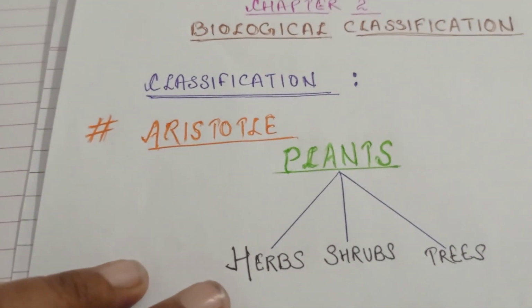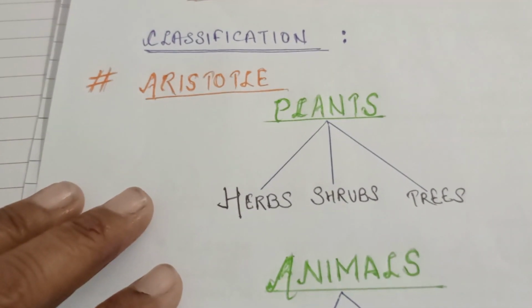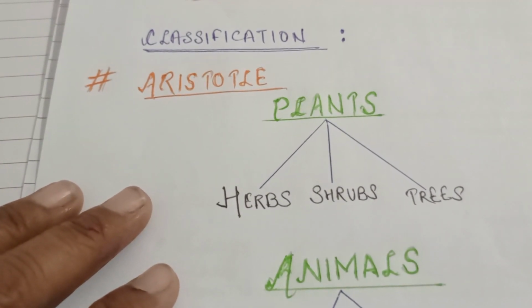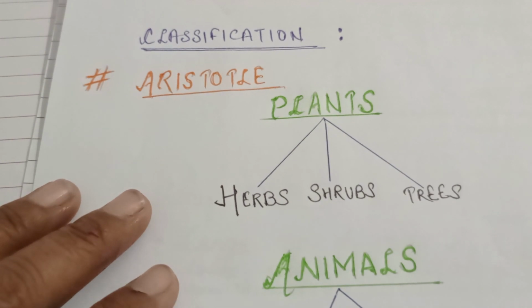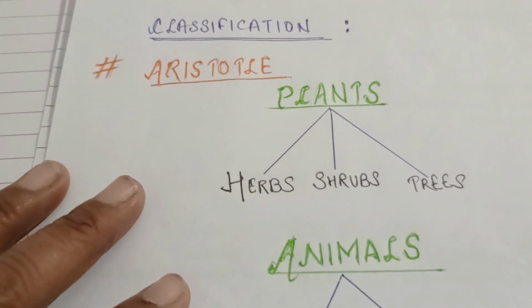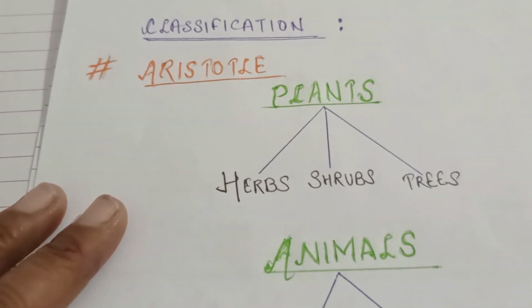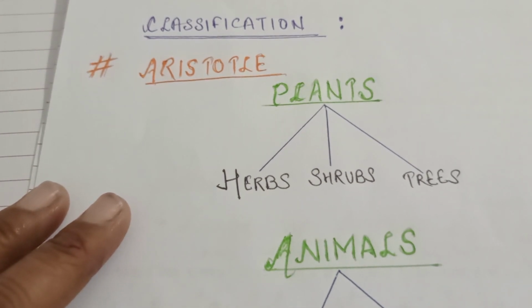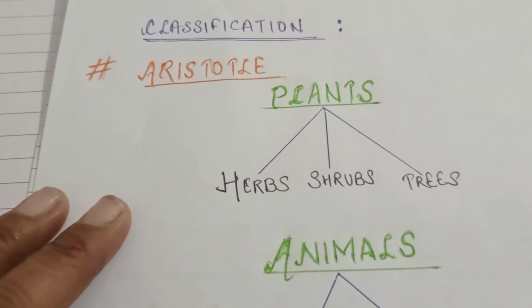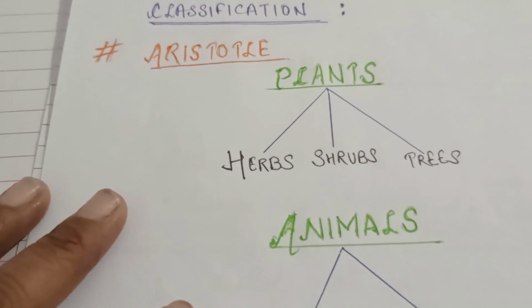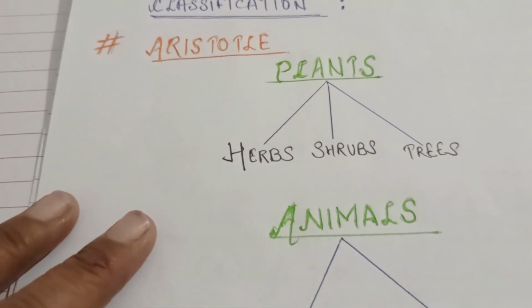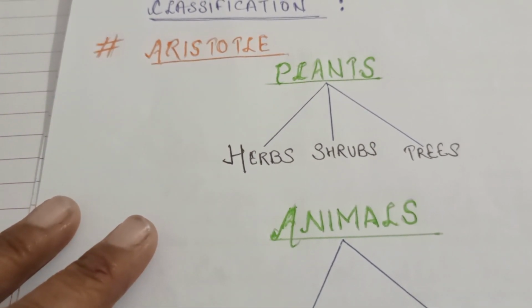Now, attempts have been made from the early times to study these organisms, and in the classification of living organisms, Aristotle was the earliest to attempt classification on a scientific basis. He used simple morphological characters and classified living organisms as plants and animals.